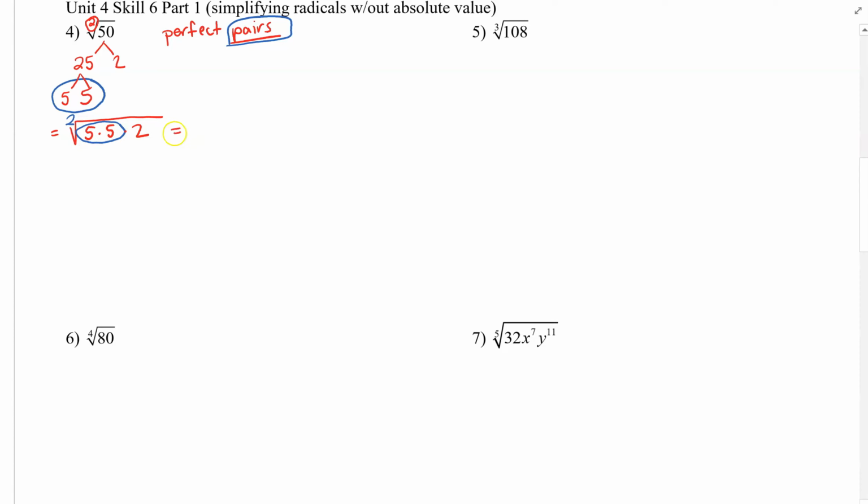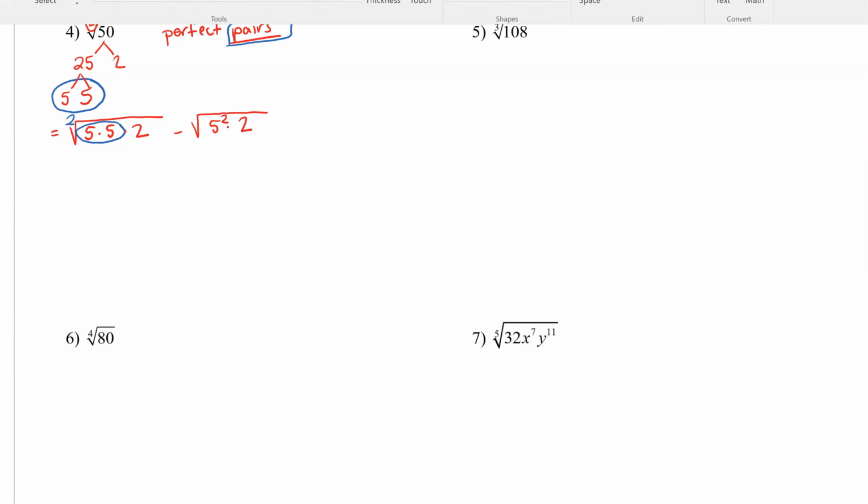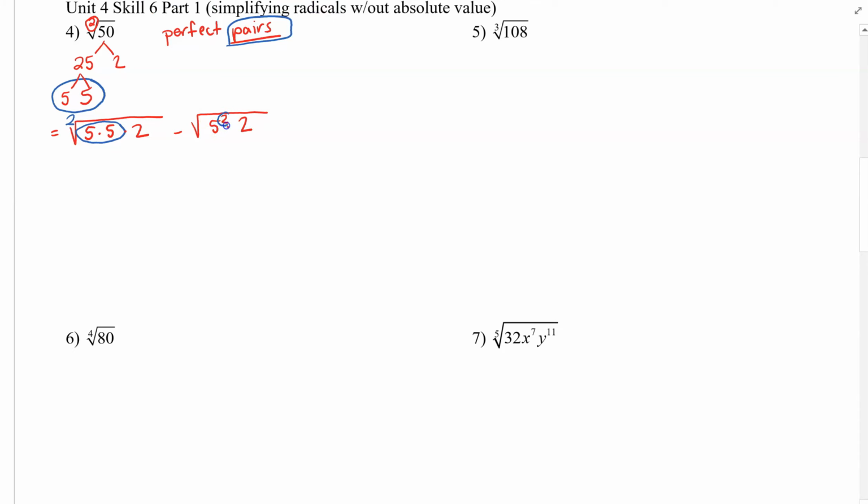So method 1 would have you go one step further and write this as 5 squared times 2, and recognize that now you have a perfect square, which matches my square root. And then in a sense, they sort of cancel each other out, right? I'm square rooting a perfect square. That's just going to equal 5.